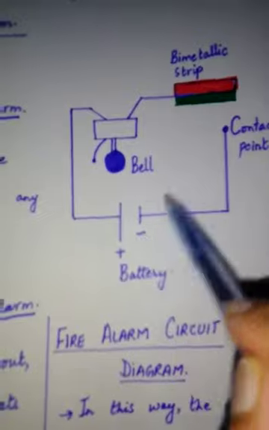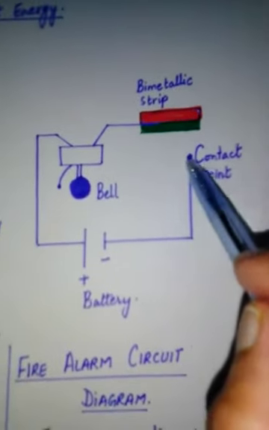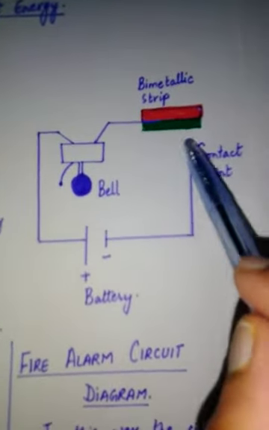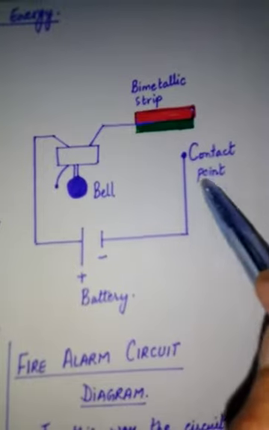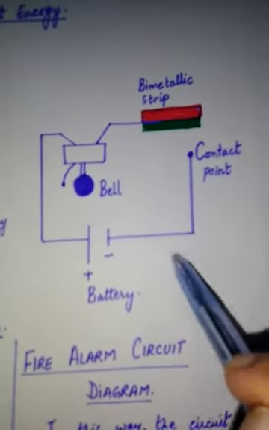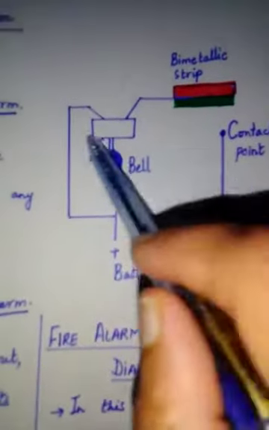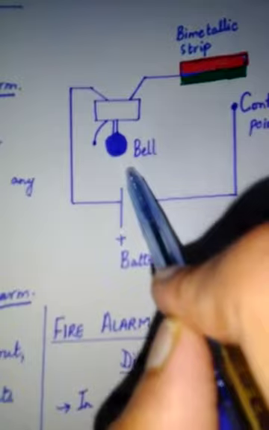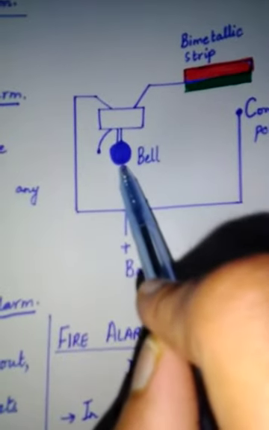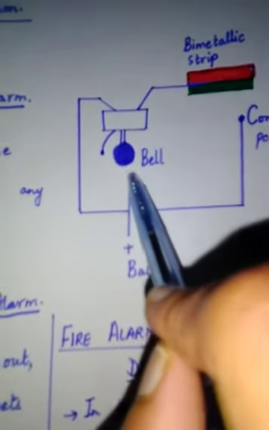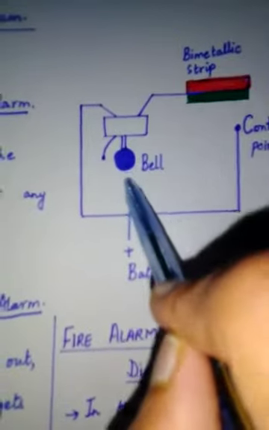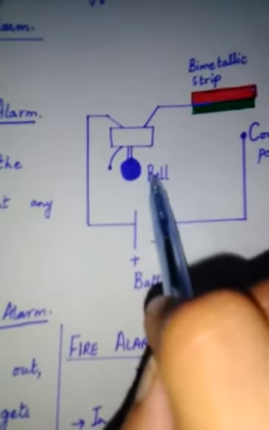Now, what happens when this bimetallic strip comes in contact with the battery? It is going to complete the whole circuit, and the bell will start ringing. Once the bell starts ringing, it is going to warn the people in the surrounding about the fire or any sort of explosion.